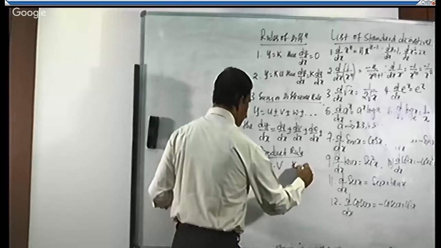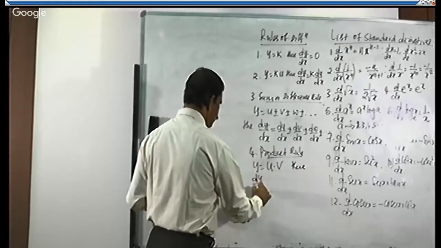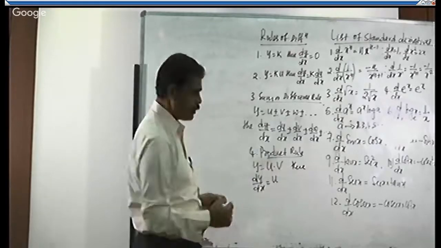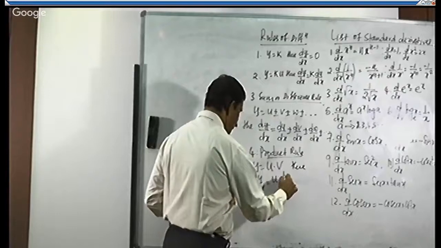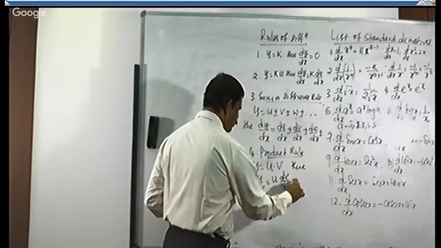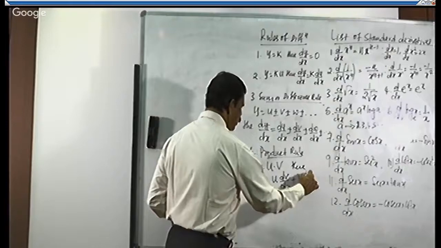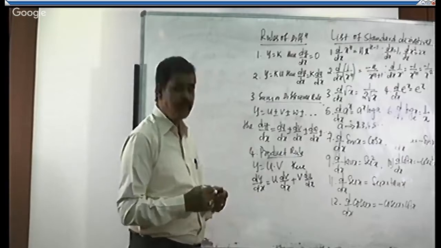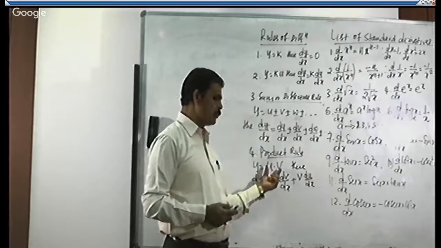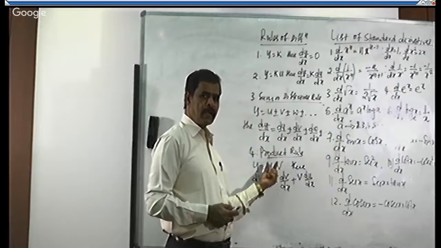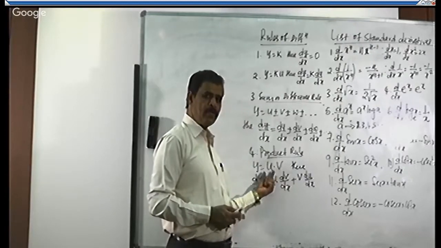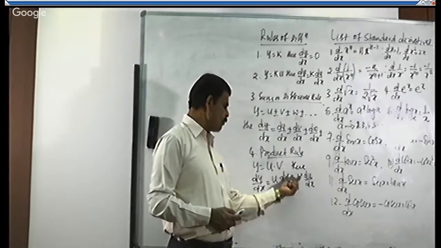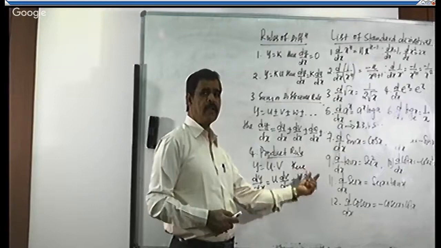Then its derivative becomes dy by dx is equal to, here we need to keep first function as it is and differentiate second, plus keep second one as it is and differentiate first. What the product rule states: product of two functions, their derivative is keeping first function u as it is, differentiate second one, plus keep second one as it is and differentiate first.